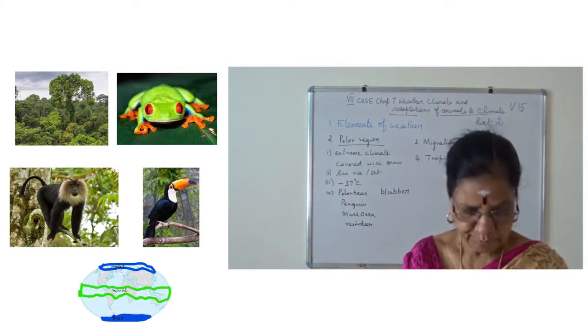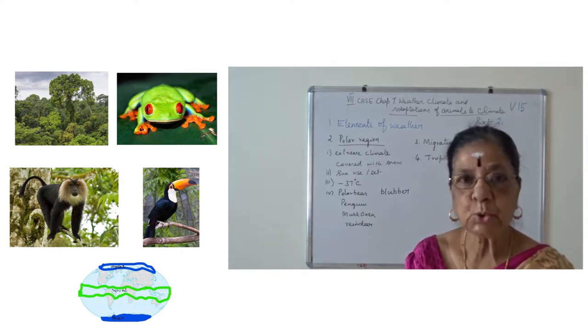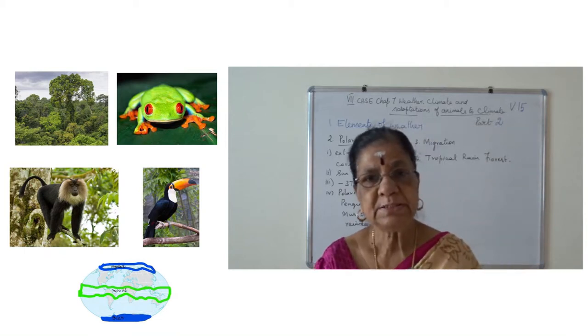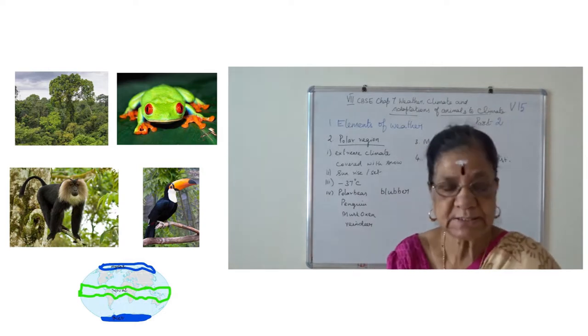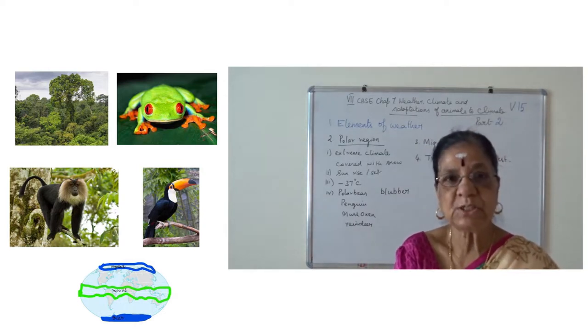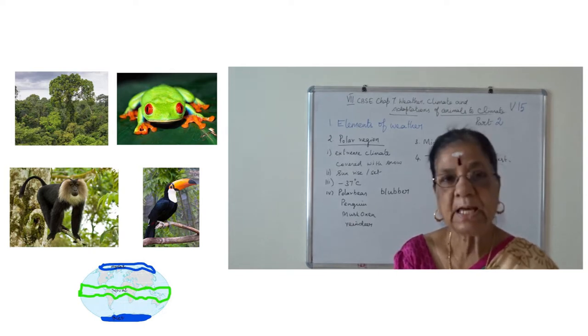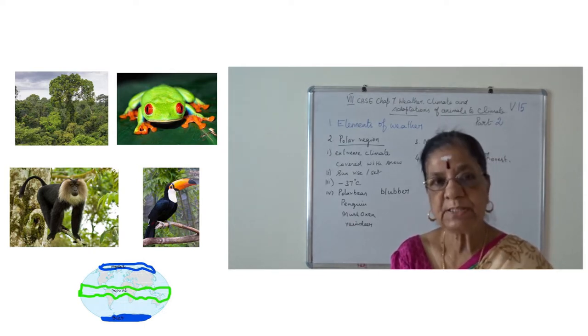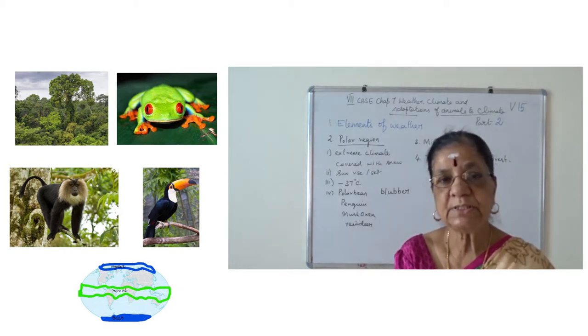Some snakes, lizards, rodent animals that live in burrows, and desert foxes protect themselves from the severe heat of the day by being active at night. I hope you understand.